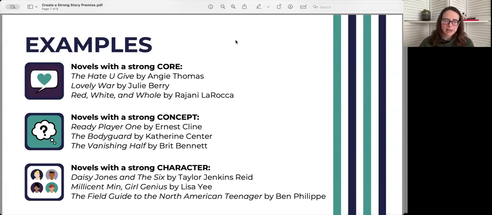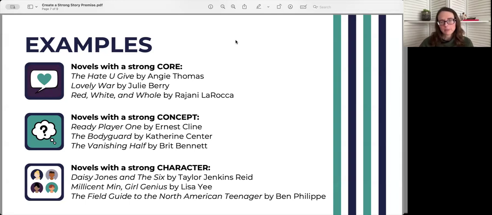And The Vanishing Half by Britt Bennett is a story of two twins who are both Black, but one of them pursues life as a white woman because she is very fair-skinned, whereas the other twin chooses to remain with her Black community. And that book explores what it means to embrace different identity, but as you can tell, it's a very strong hook.